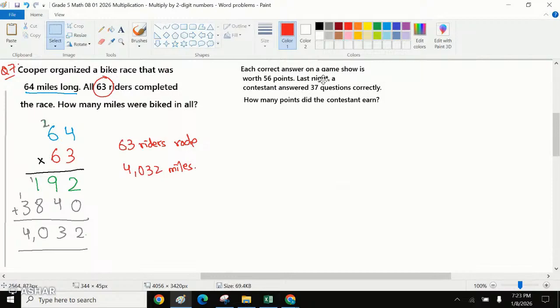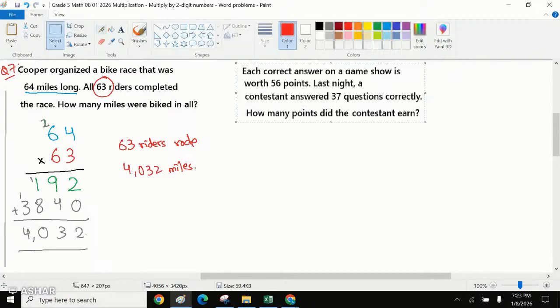So the question says each correct answer on a game show is worth 56 points. 56 points is the correct answer. How many questions were there? The contestant answered 37 questions, right?